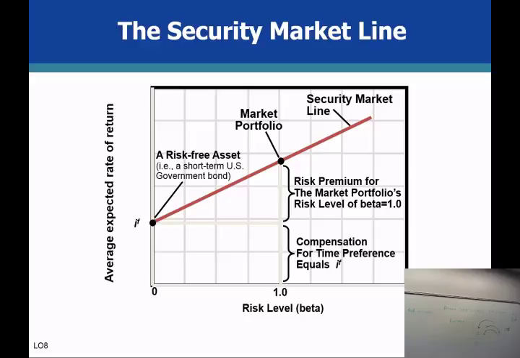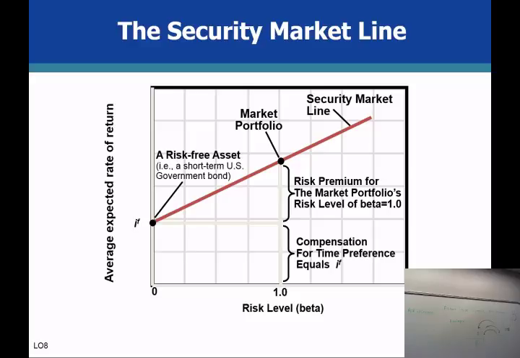Okay, your risk level is higher, but with higher risk level, look at your average rate of return. It's also increasing. So this security market line looks at a couple of things. Number one, the willingness for individuals to wait for the return on their investment, all right? And then also those that were willing to take the higher rate of risk.